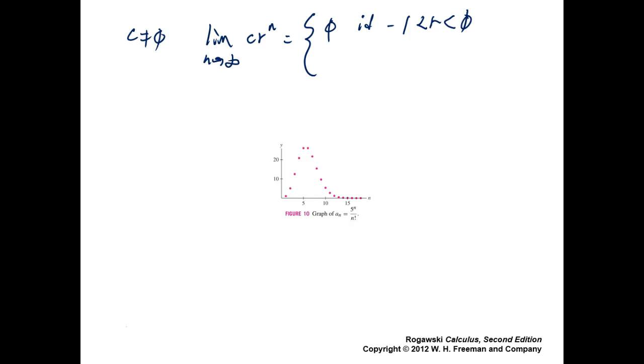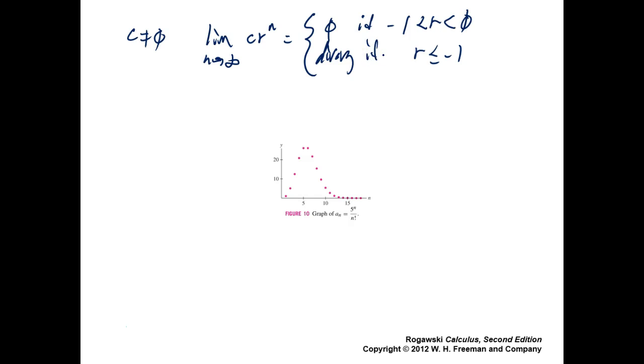Yeah, basically it's what I just said. It's going back and forth. But if R is less than or equal to -1, it diverges.